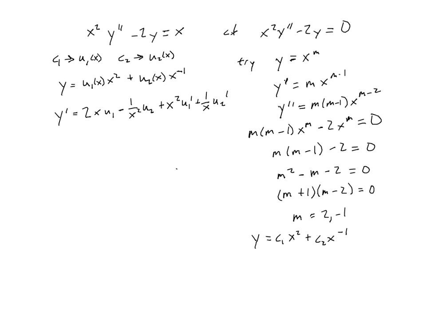I don't want u double primes anywhere. So I'm going to assume that x squared u1 prime plus 1 over x u2 prime is equal to 0. That gets rid of this stuff right here. And therefore, I now have y prime is equal to 2x u1 minus 1 over x squared u2.